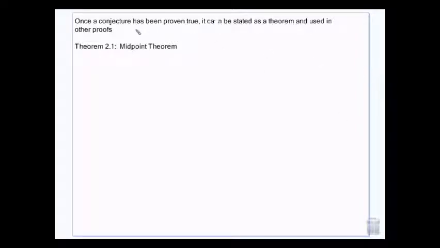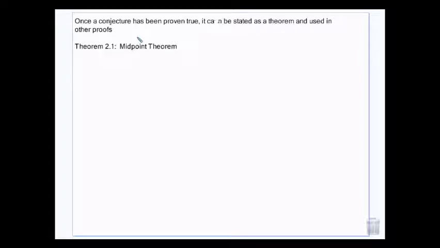Okay. Once it's been proven true, it can be stated as a theorem and used in other proofs. So we've now proven from both directions, right, that if we have a midpoint, it gives us congruent segments, and we've proven that if we have congruent segments, it gives us this midpoint.